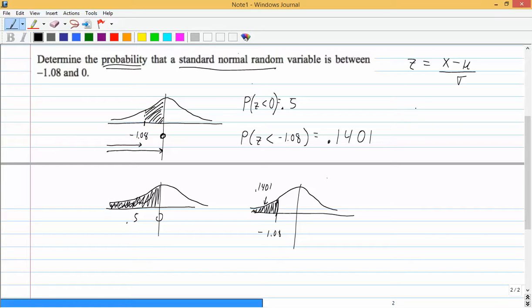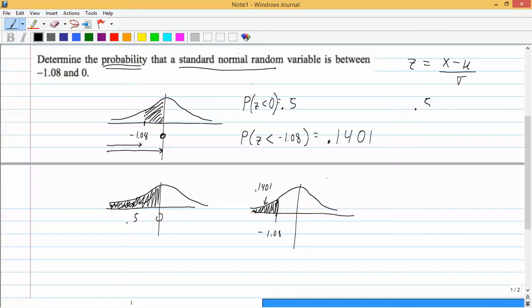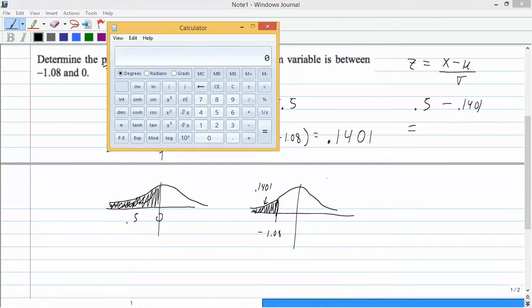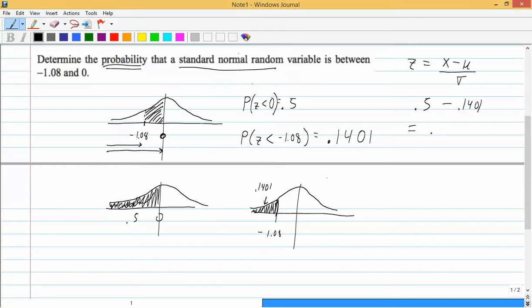Okay, so I would simply say 0.5 minus 0.1401, and that would give me the area between the two. All right, so I got 0.3599.